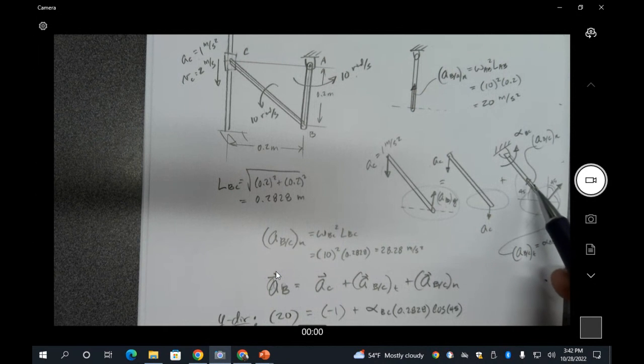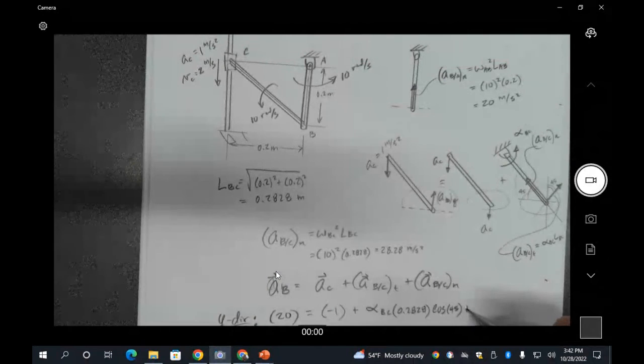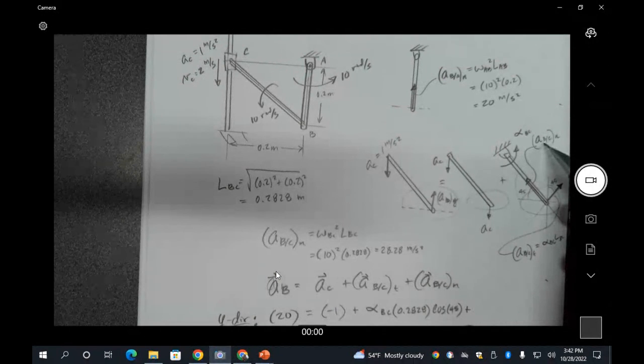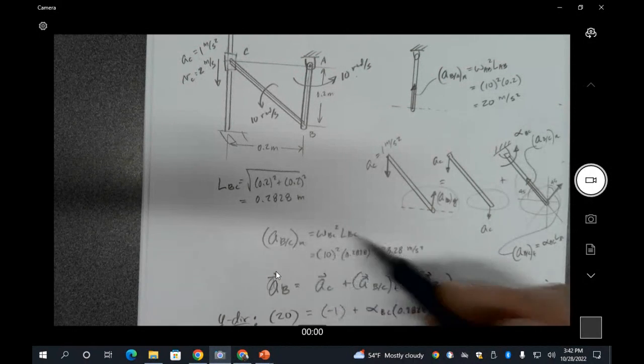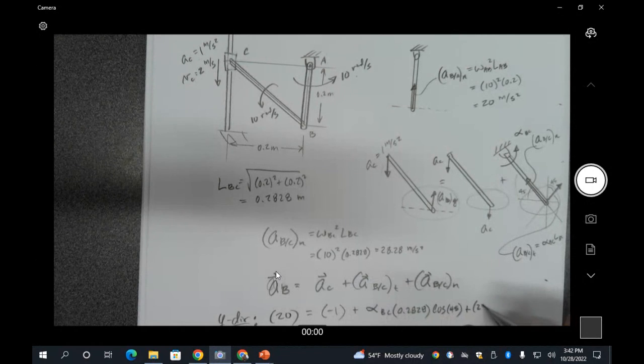And then we also need to include, in the positive direction, the acceleration of B with respect to C, which you have as 28.28, but again only in the vertical direction, so we take the sine of 45.